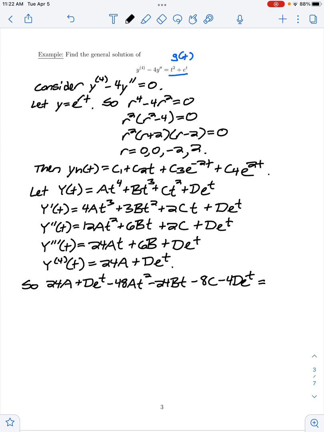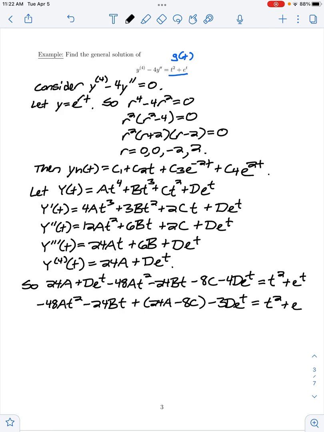And we need this to equal our g of t function, which was t squared plus e to the t. So collecting like terms on the left-hand side, we have a negative 48a t squared minus 24b times t, then a constant of 24a minus 8c, and then minus 3d e to the t. And this has to equal our t squared plus e to the t power.